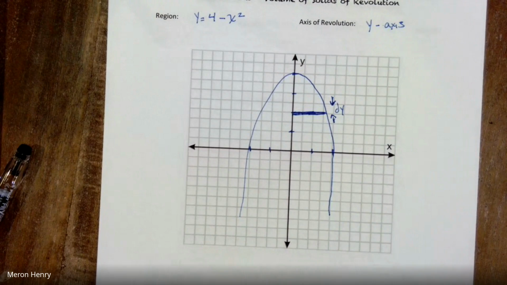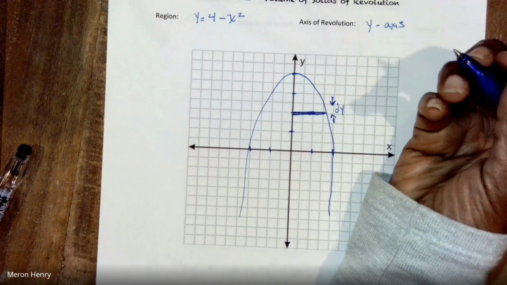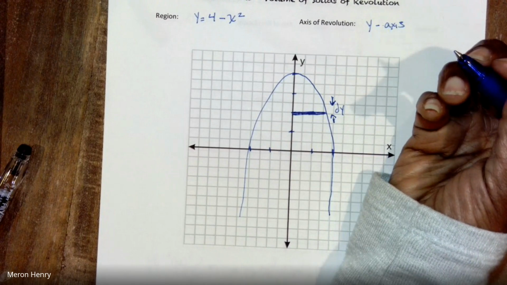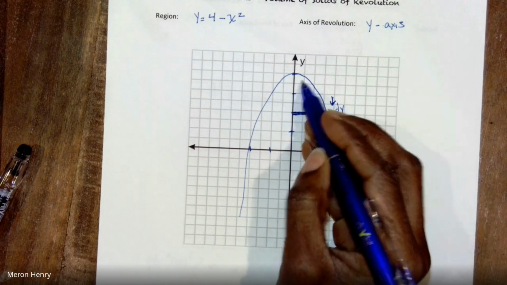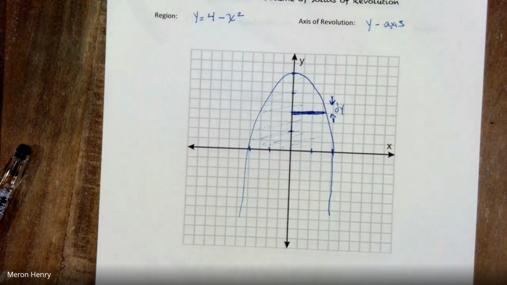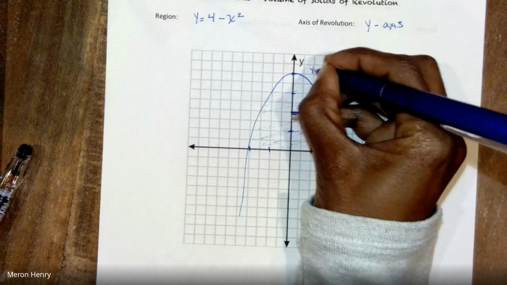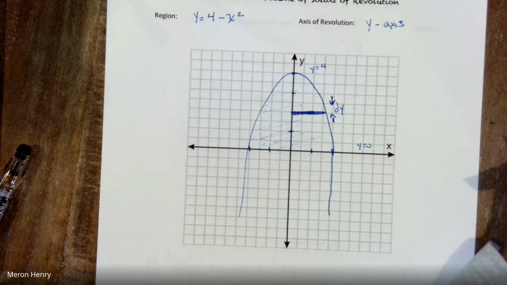Okay. So if we're looking at this region right here, based on the graph that we have, it's going to be from y equals 0 to y equals 4, right?